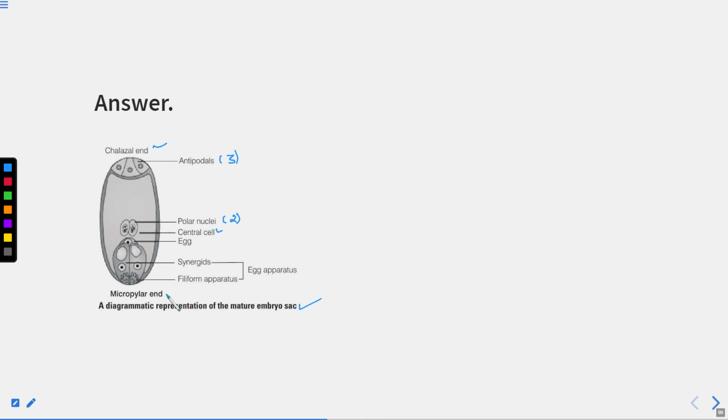At the micropylar end, the egg apparatus is present, which consists of 2 synergids and 1 egg cell. So in total, the egg apparatus consists of 3 nuclei. So 3 plus 2 plus 3 is 8 nuclei.